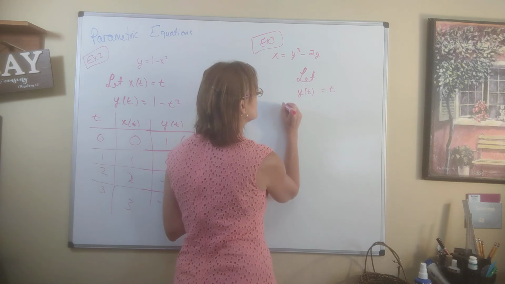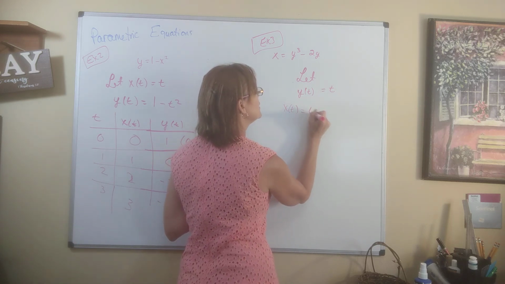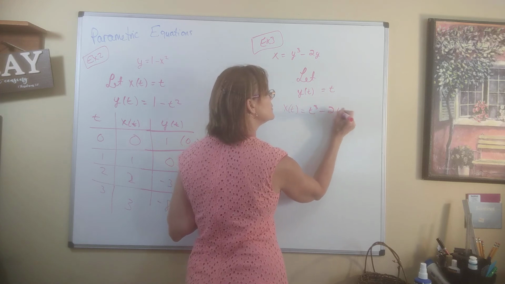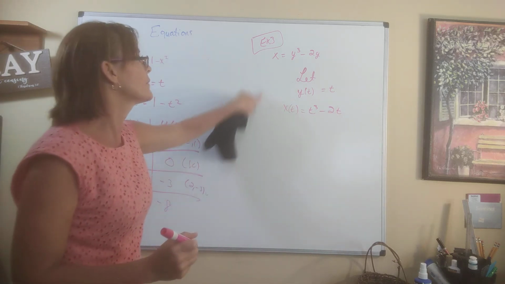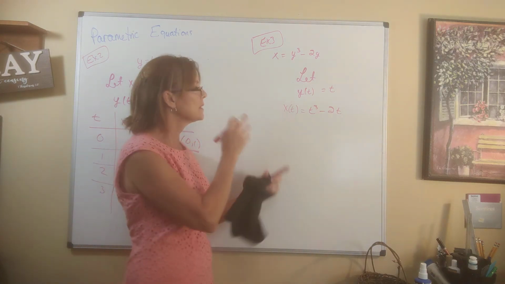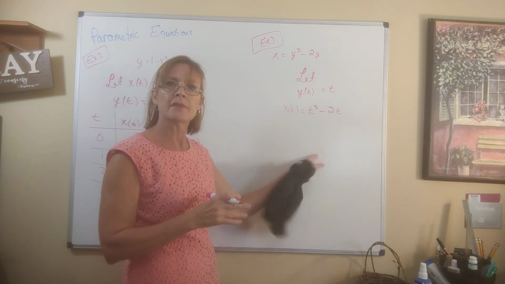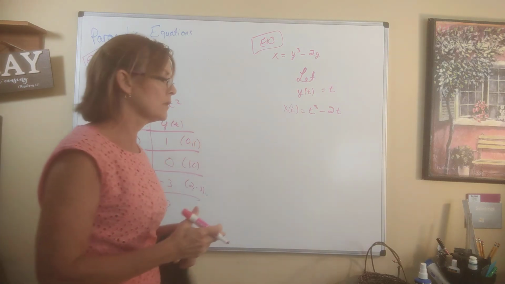Then x of t will be equal to t cubed minus 2t. And we can parametrize the curve that way. We could do the same thing where we built a table of functions and let t equal some different values and figure out what y is and see the progression of that.